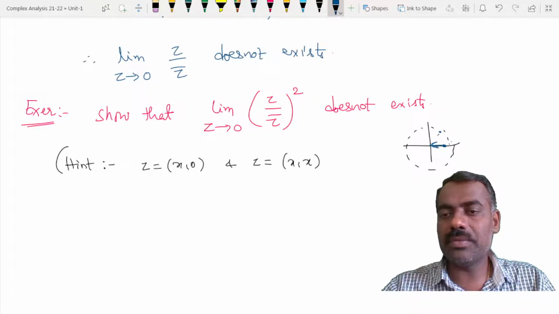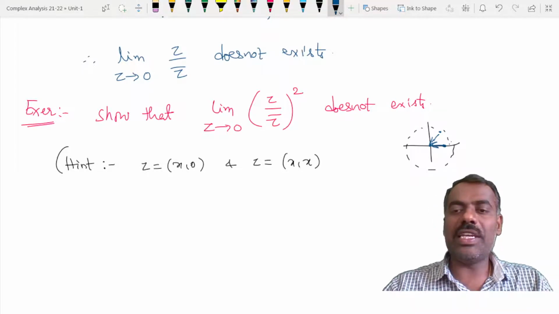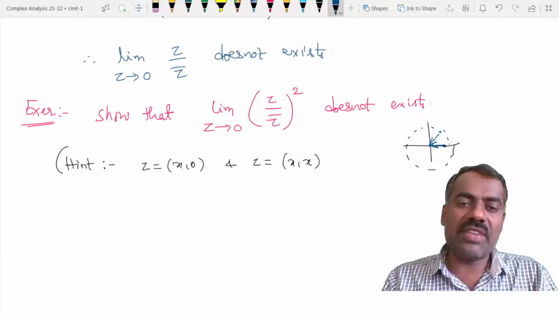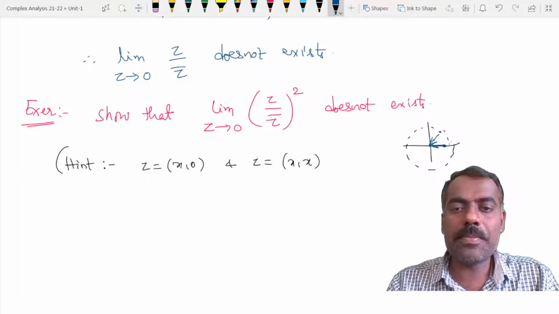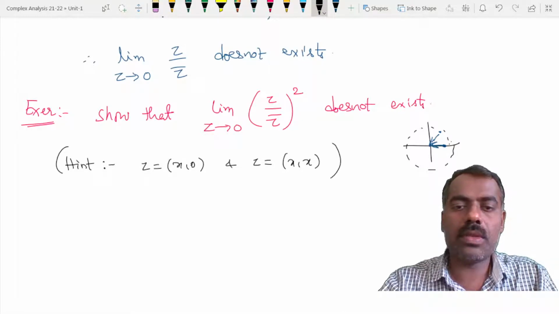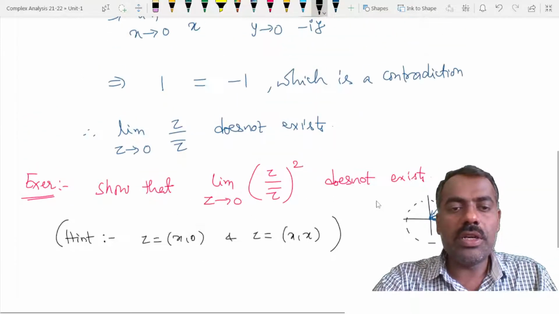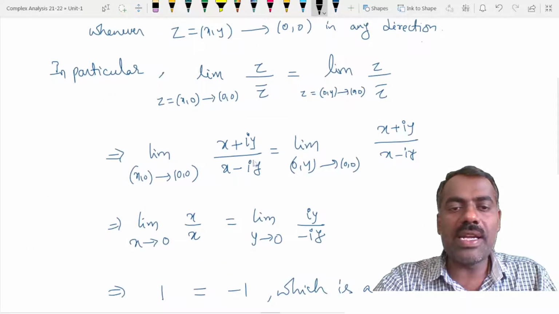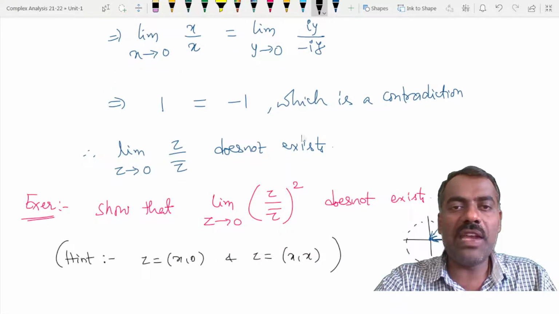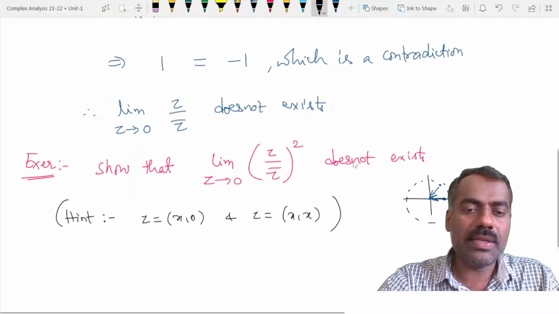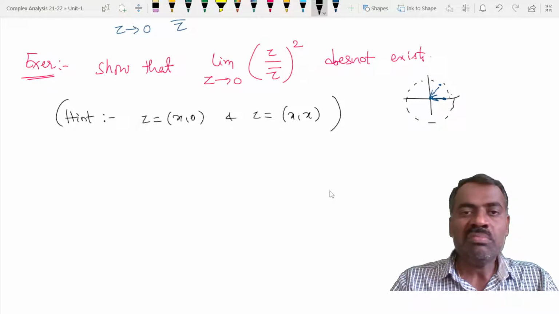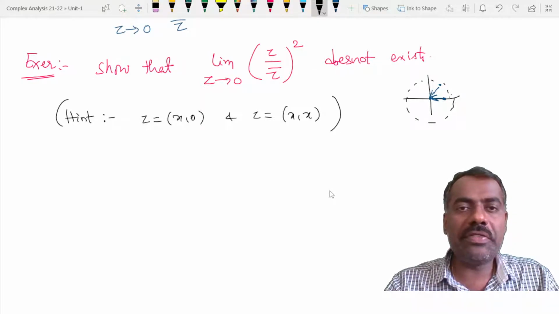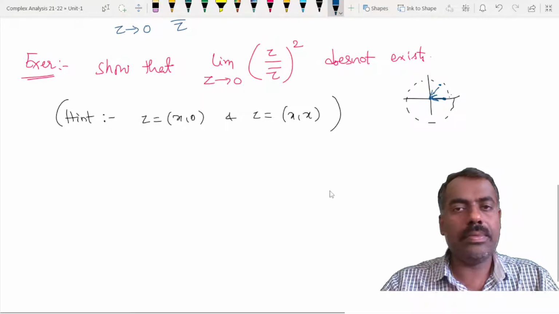Is this clear? So instead of taking one on the x axis and another on the y axis, you take one on the x axis and another on the diagonal. Are you following? You have to substitute these values, and as x tends to 0 you will get different limits. Clear? So try, you will definitely get it, otherwise I'll help.